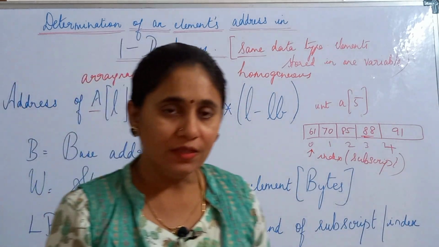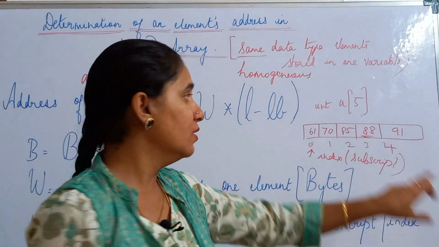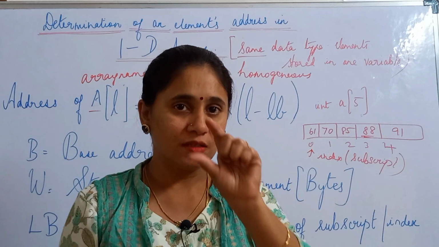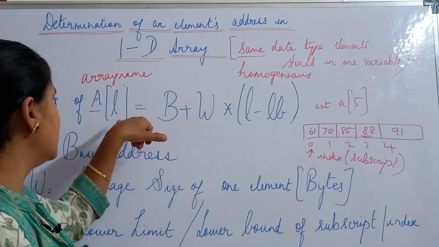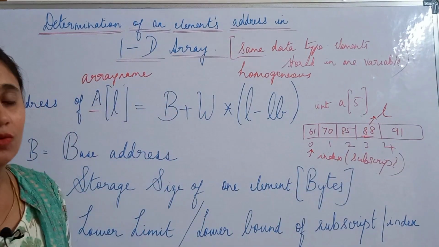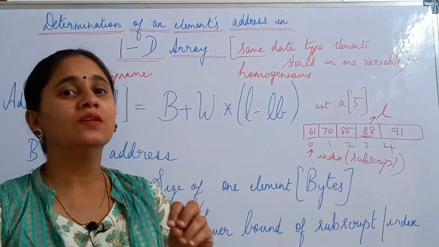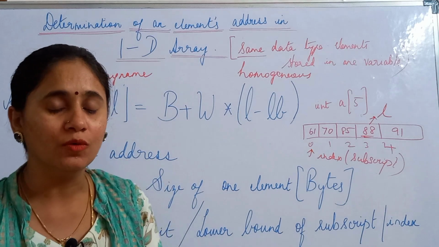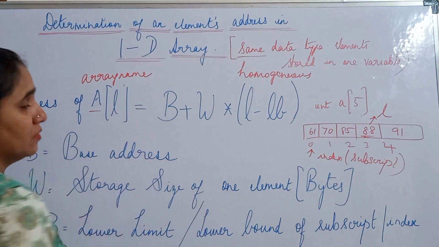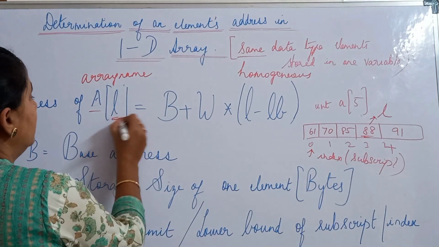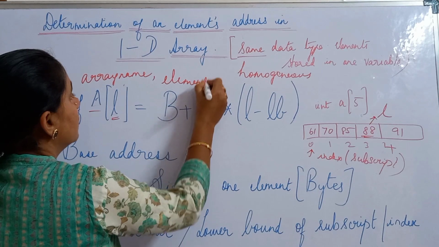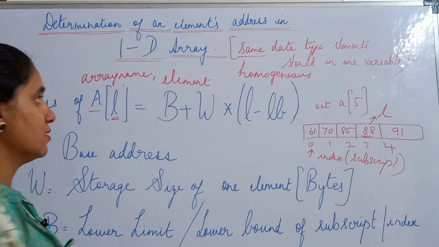I want to find the address in which this particular element 88 is being stored. That 88 is this L. So L refers to the element for which we are going to find the address.